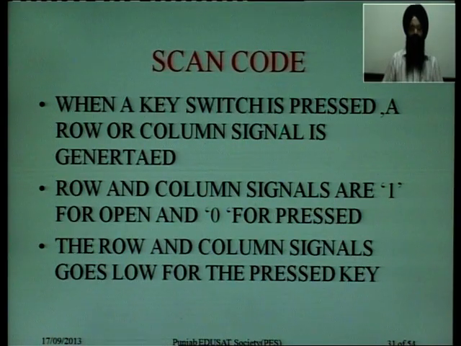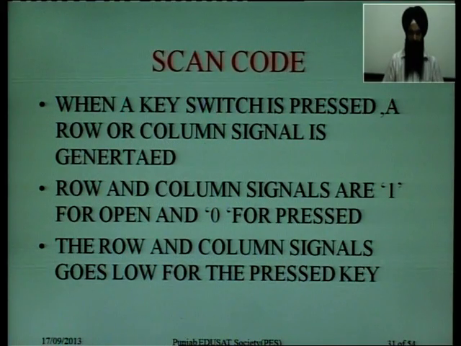Now, scan code. When a key switch is pressed, a row or column signal is generated, and row and column signals are 1 for open and 0 for pressed. The row and column signals go low for the pressed key.